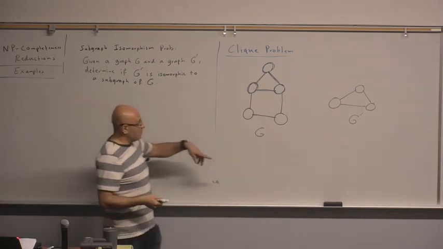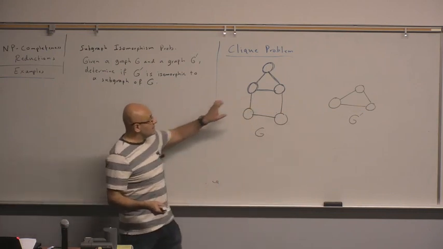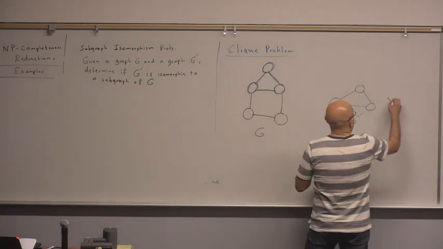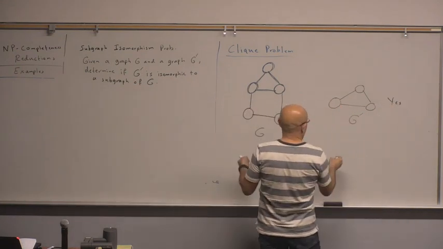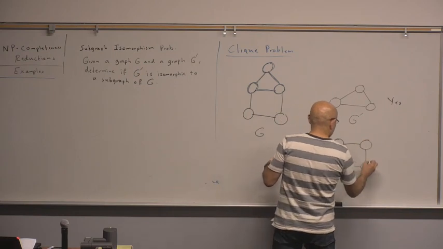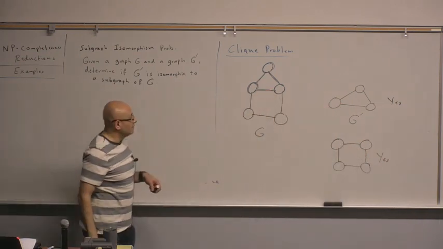So is G prime isomorphic to a subgraph of G? Yes. So basically there is a subgraph of G that looks like G prime. So the answer for this is yes. Even if you give it this, the answer is yes, because it does have a rectangle.